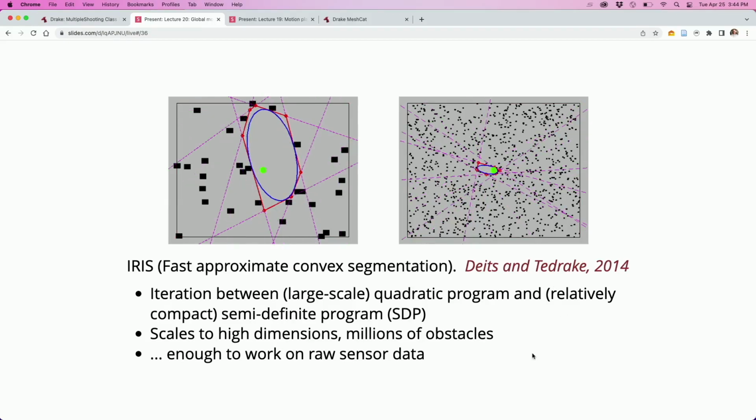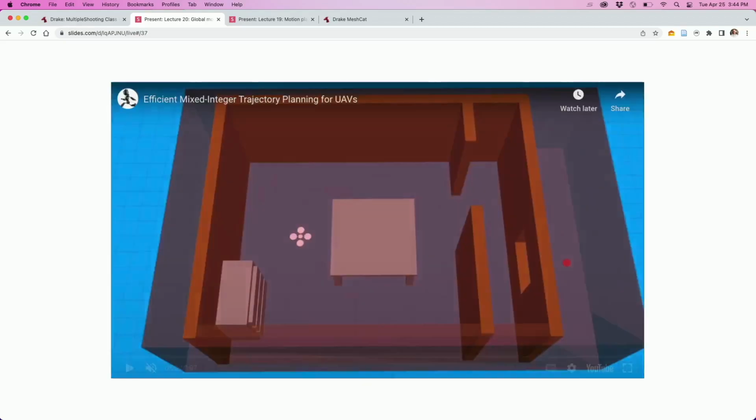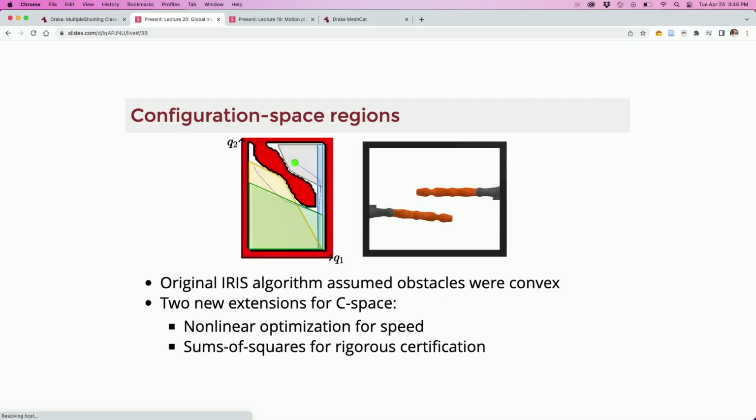Okay, so we have approximate convex decomposition algorithms that basically try to find, some of you did this in manipulation and thought about this particular algorithm, right? We try to find big convex regions by solving these optimization problems that give us big interiors. And doing that in configuration space was hard, but it turns out it's a good problem for sums of squares. Guess I'm predictable.